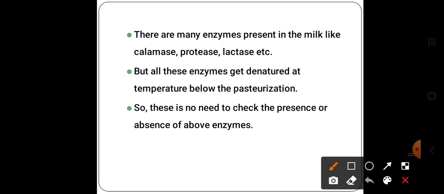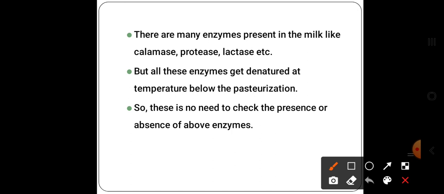The pasteurization temperature is 71 degrees Celsius or above. Enzymes such as catalase, lactase and protease are denatured below the pasteurization temperature, so they are not considered for checking the quality of milk.